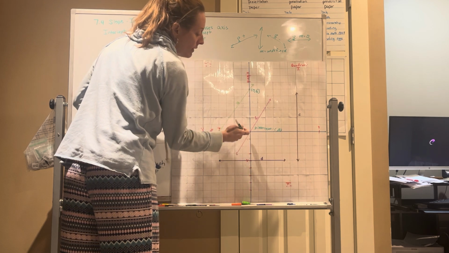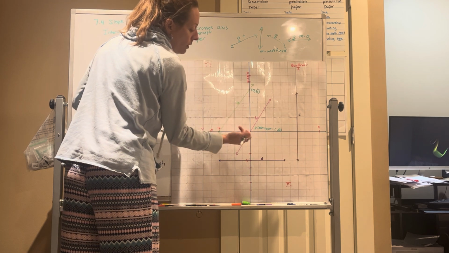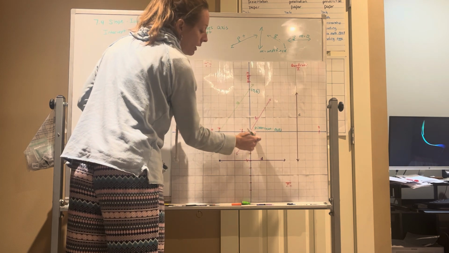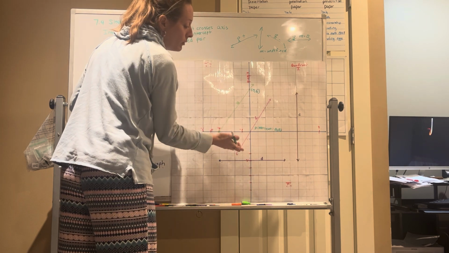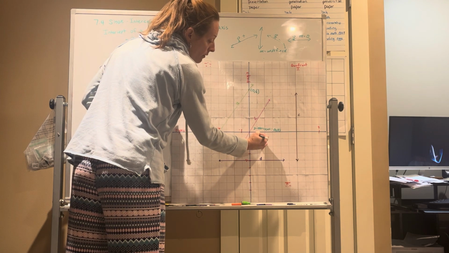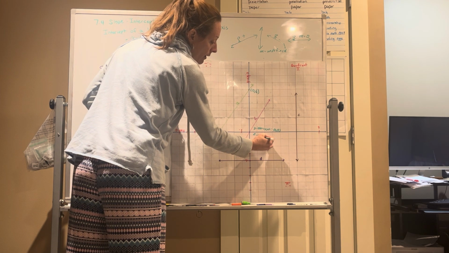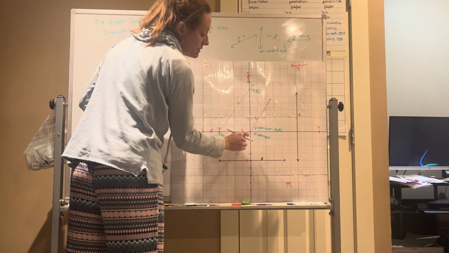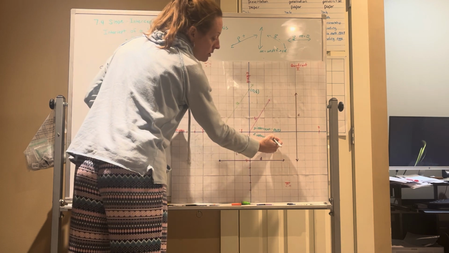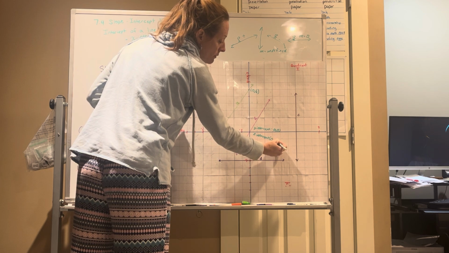And the x value is also 0. We haven't gone left or right. We haven't gone up or down. The x-intercept of this line B is also 0, 0.